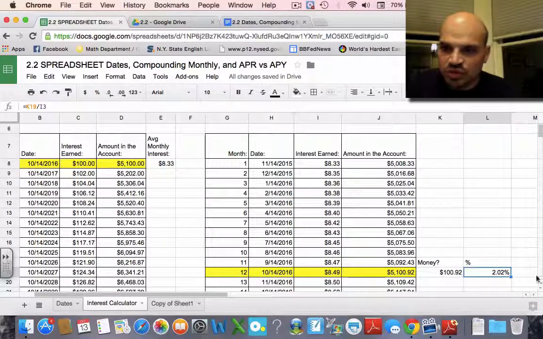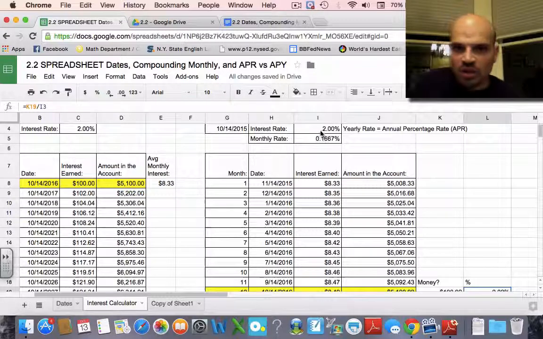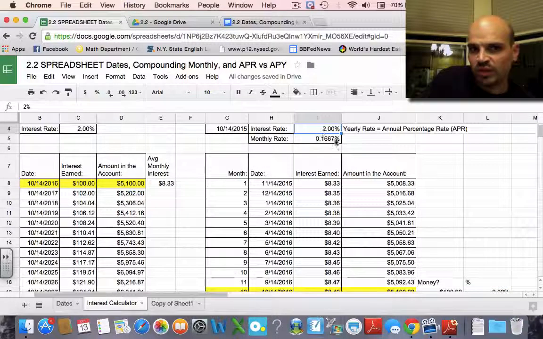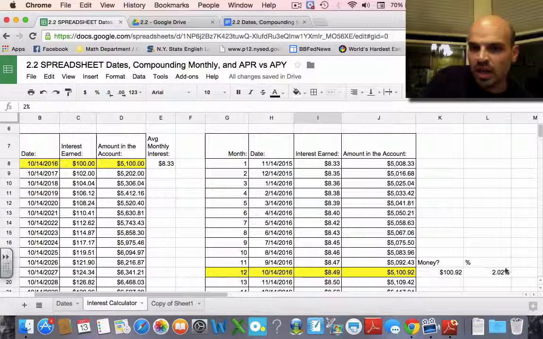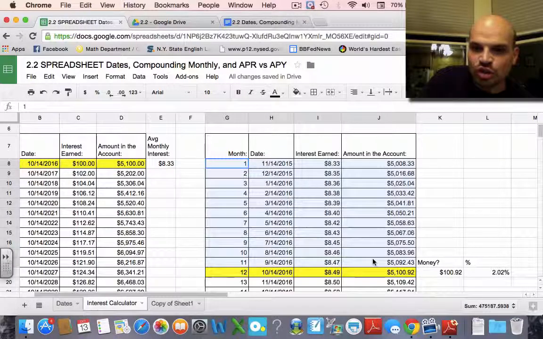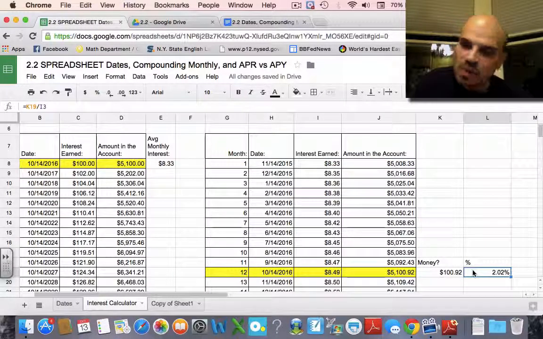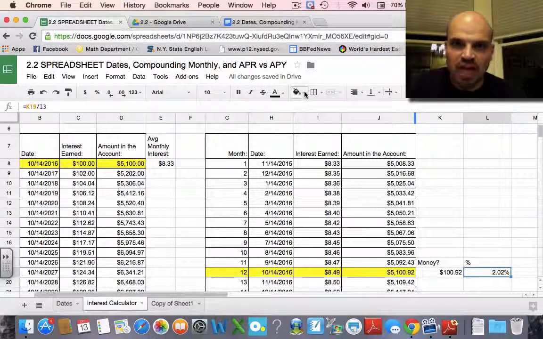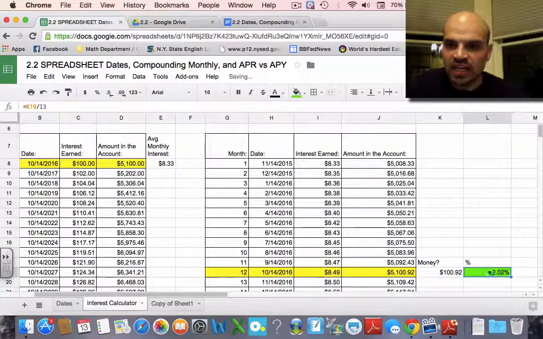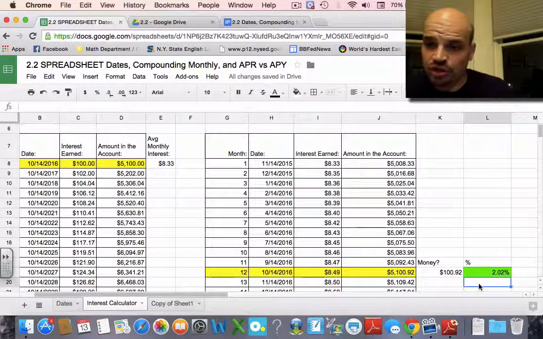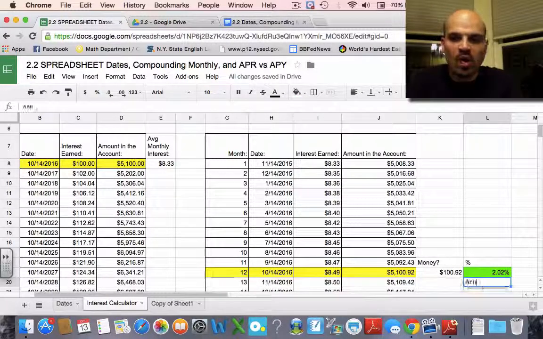So this is really interesting. I started with what I thought was an interest rate of 2.00%, but because I kept getting interest over the entire year, I ended up at a percent that was 2.02%. This number, which I'm going to highlight now in green, this is my true percentage. This is what we call the annual percentage yield.